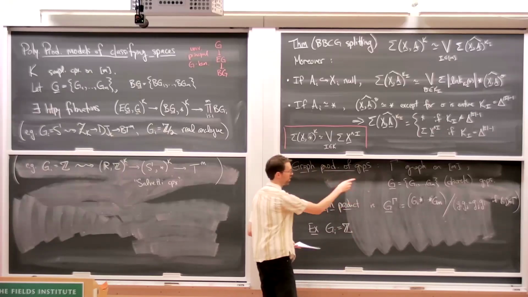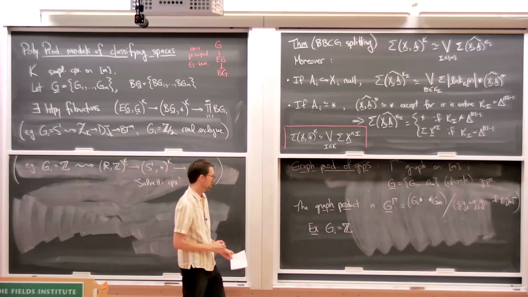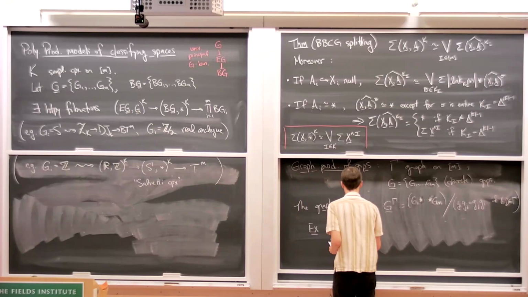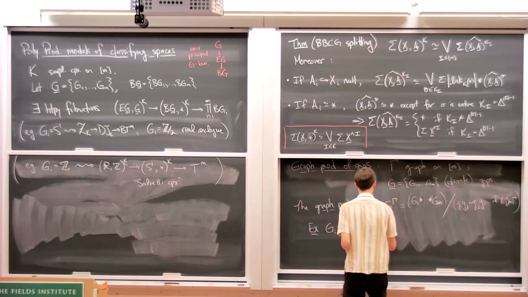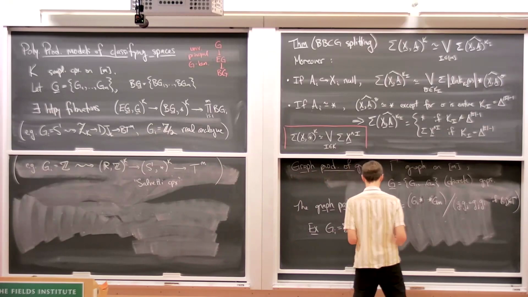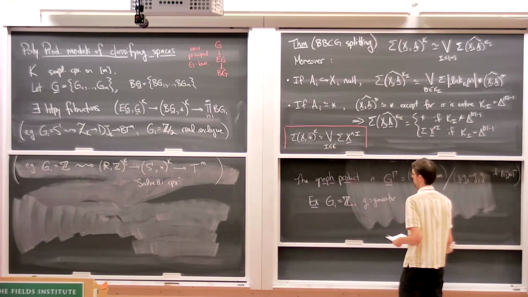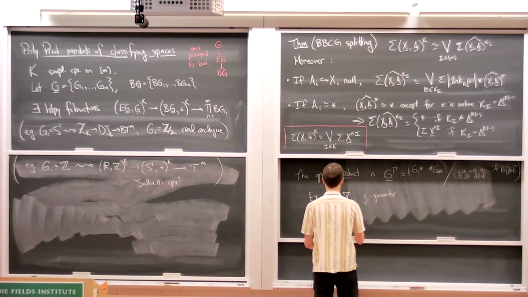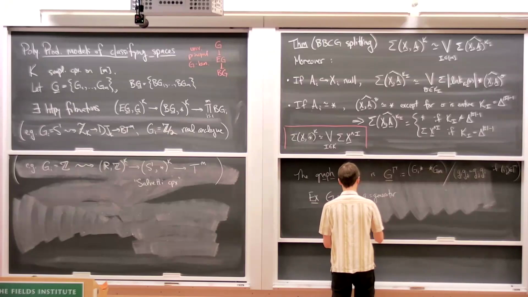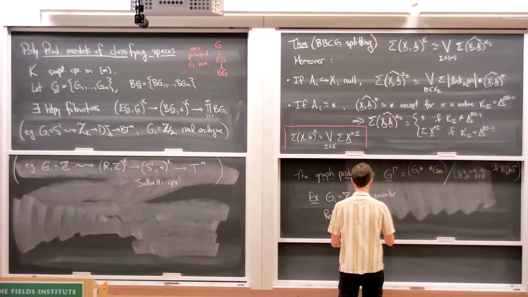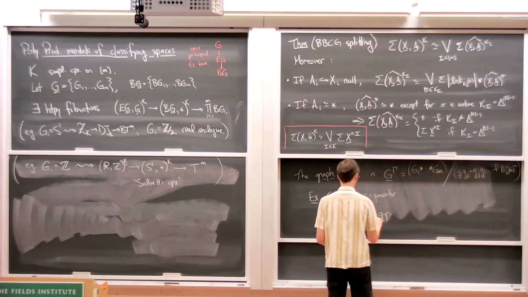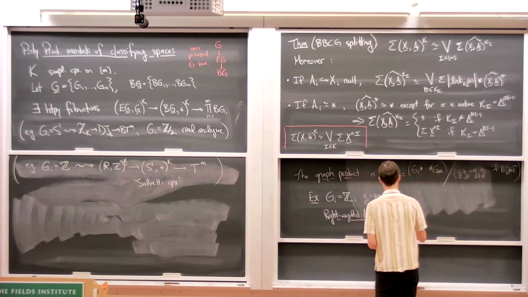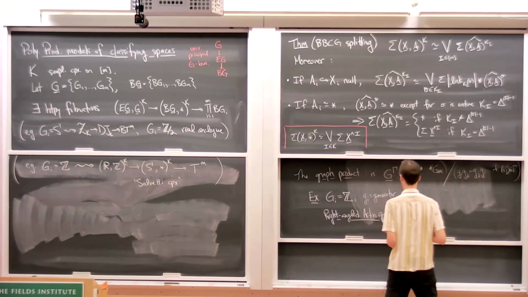First, if we just take all of our groups G to be the integers, and let's take g_i to be a generator for each i, then this construction defines what's called the right-angled Artin group, or RAAG, associated to our graph.